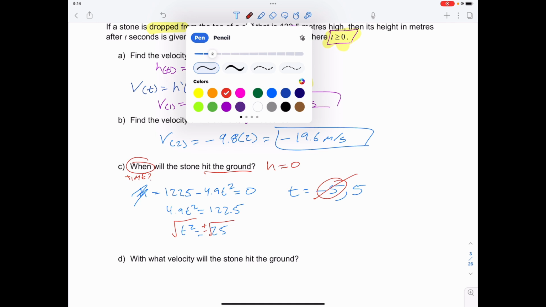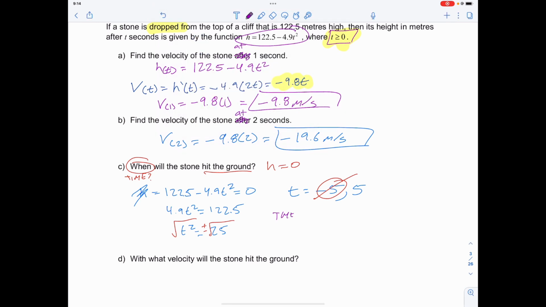So what would I say? I would say that the stone hits the ground five seconds after it is dropped.